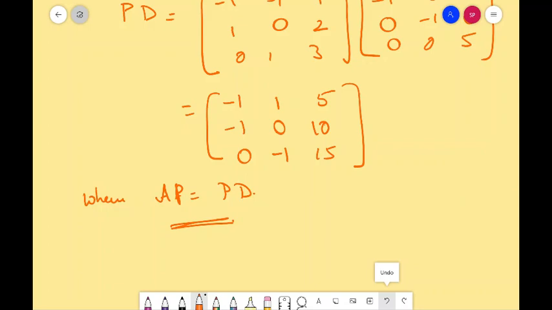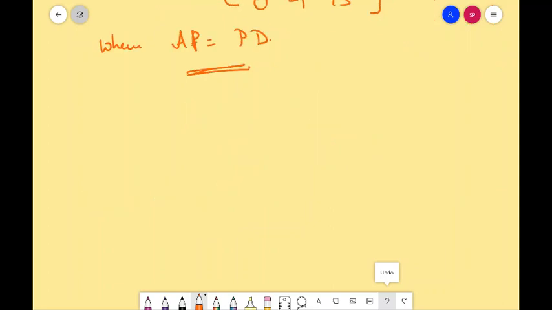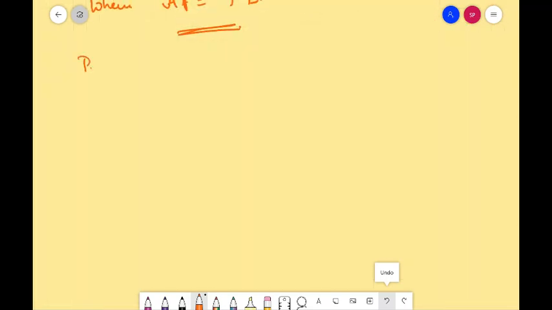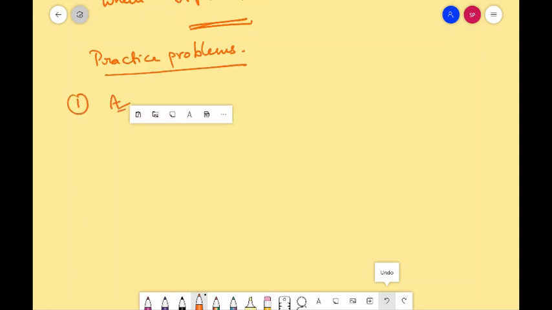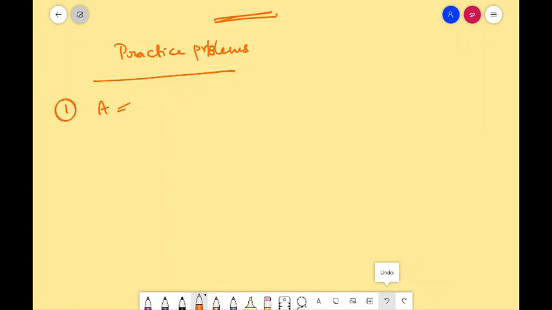So you will work out now a practice problem. Practice problems. The first one is A is equal to 2, 0, minus 2; 1, 3, 2; 0, 0, 3, where lambda is equal to 2, 3.